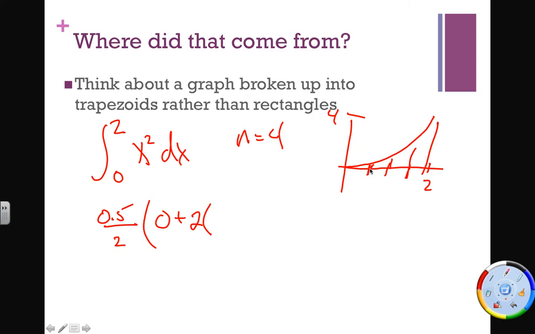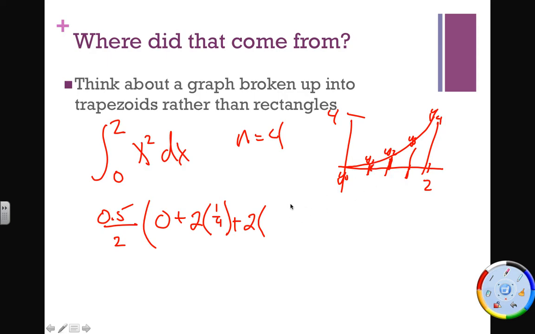Since that's a half, half squared is 1/4. Plus 2 times y sub 2 in this case, which is the next one. So this is, by the way, y sub 0, y sub 1, y sub 2, y sub 3, and y sub 4. So we keep going like this.